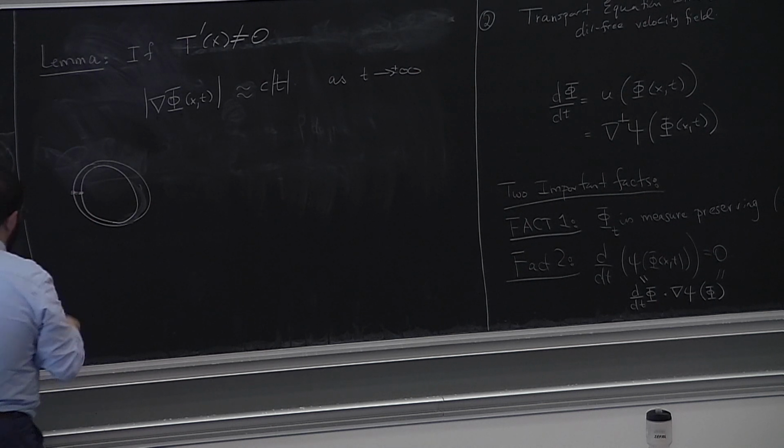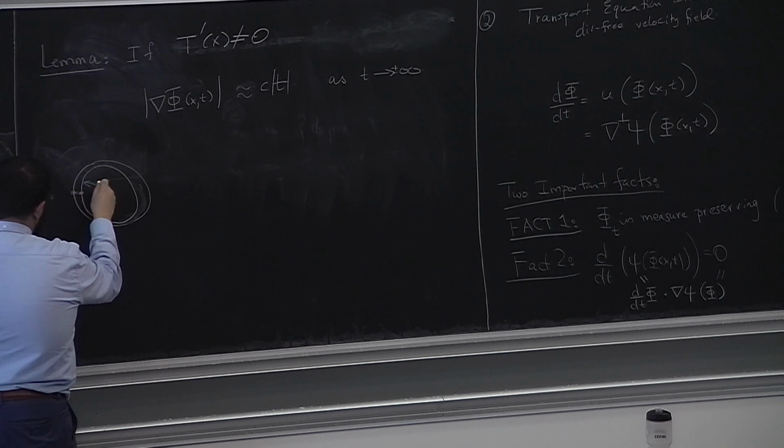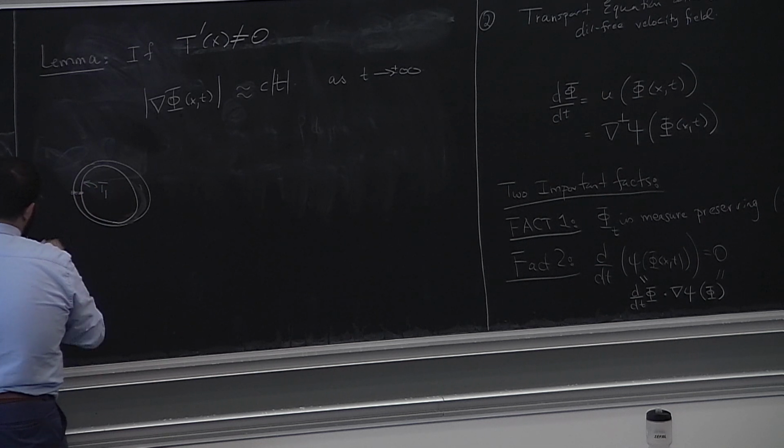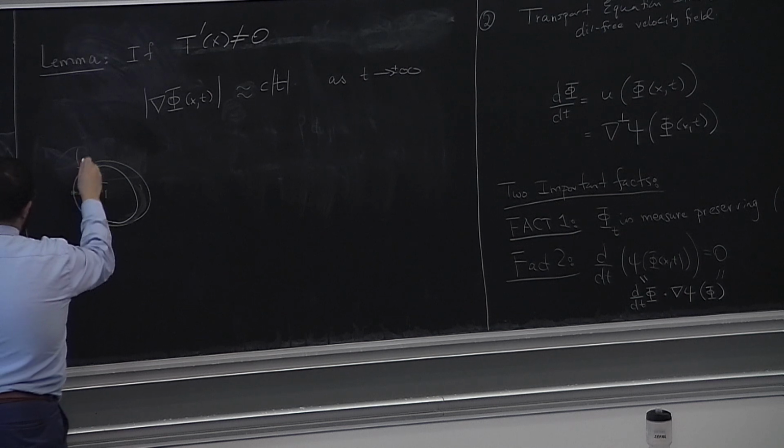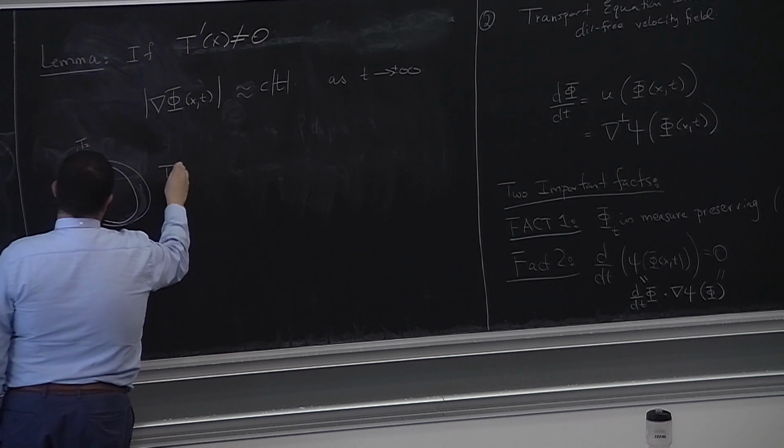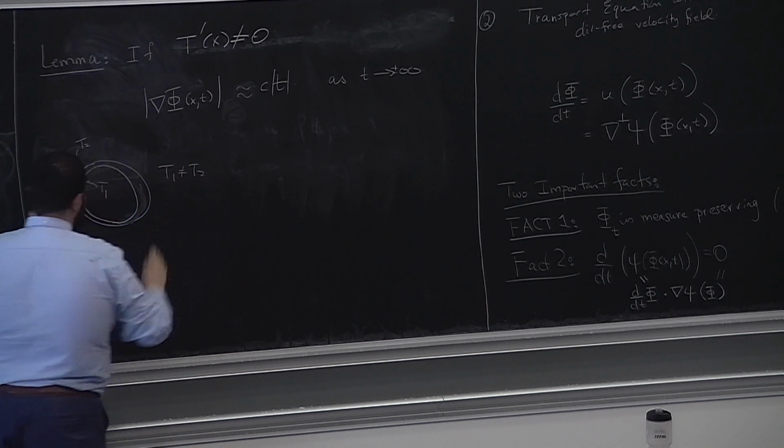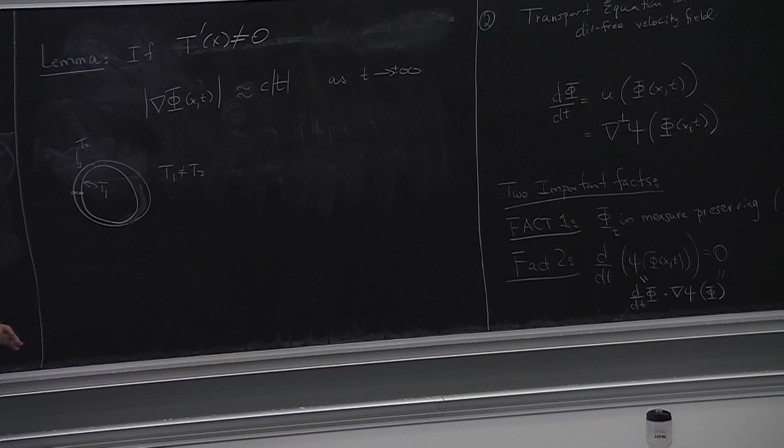Now suppose that the period here differs from the period here, so this is the amount of time it takes to go around.